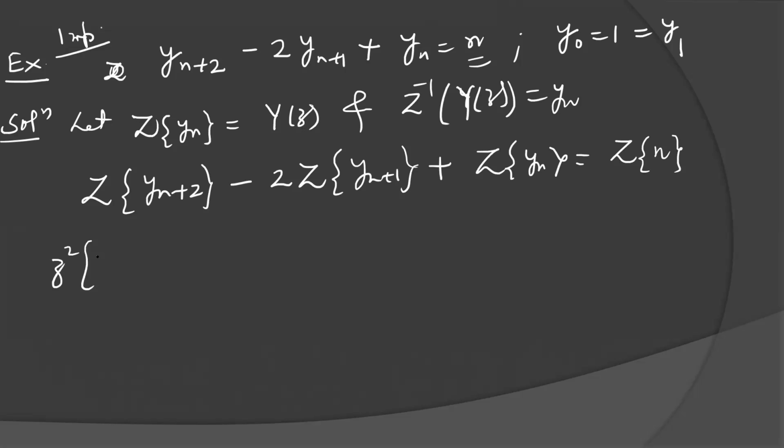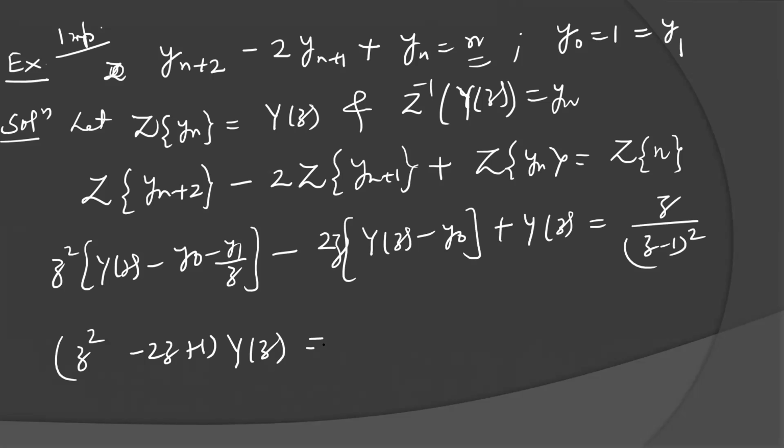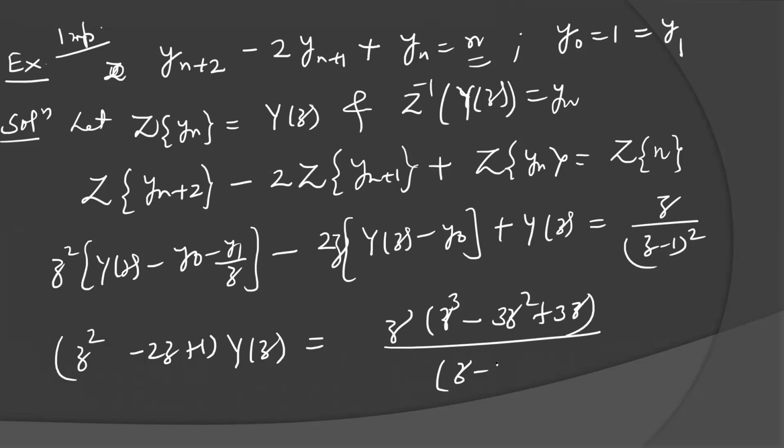So it will be z square Y(z) minus z square y0 minus z y1, minus 2z Y(z) plus 2z y0, plus Y(z) equal to the Z transformation of n, which is z over z minus 1 whole square. You can see my lectures 2 and 3, where I have discussed the Z transformation of n square and n cube and so on. Now if you collect the Y(z) terms, it will be z square minus 2z plus 1 times Y(z), and the right hand side will become z cube minus 3z square plus 3z over z minus 1 whole square.